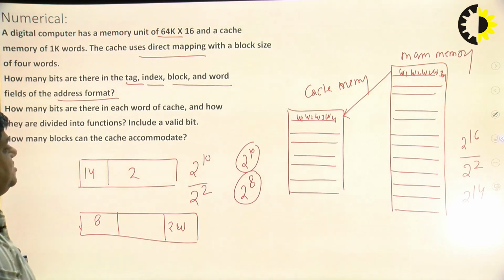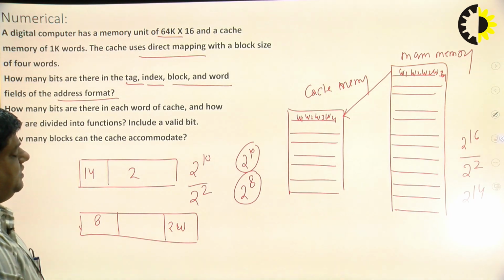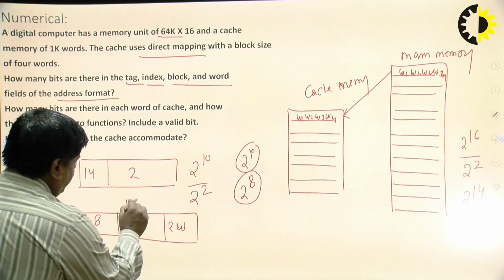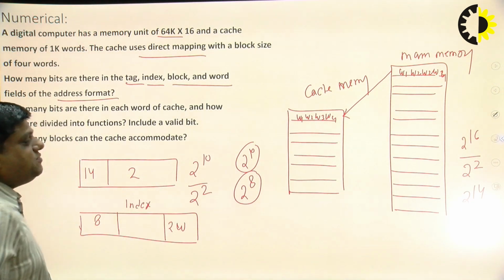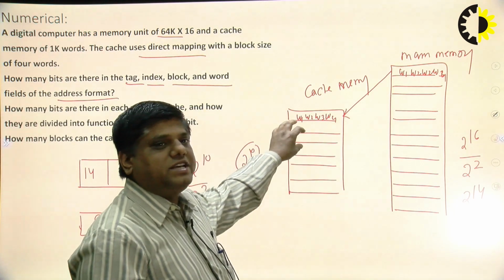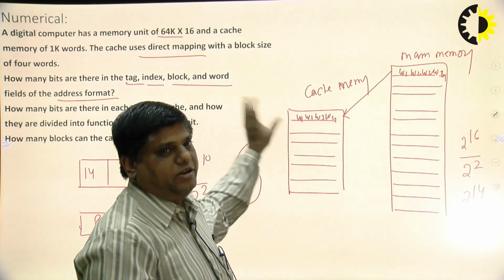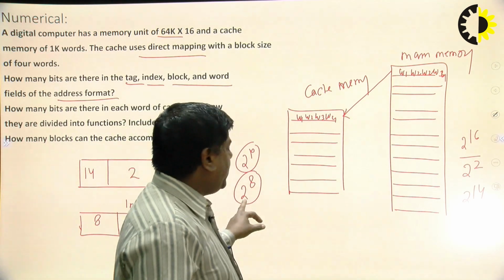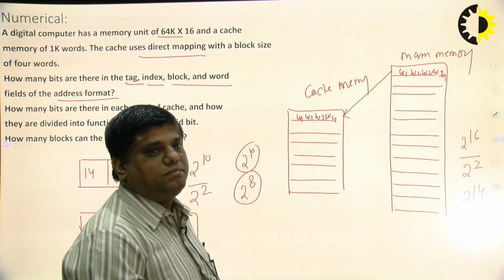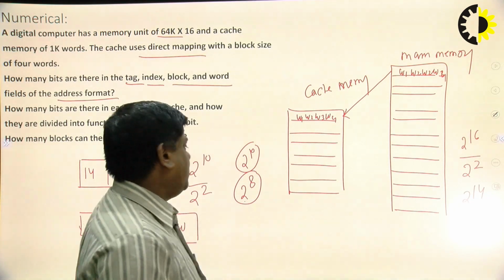What is the size of the index format? Index format means in each block how many pages can accumulate in the main memory. Here 2 to power 8 number of blocks, and here 2 to power 14 number of blocks.